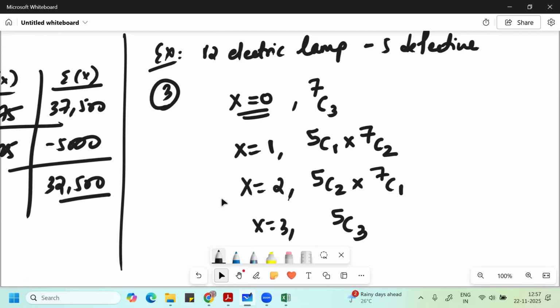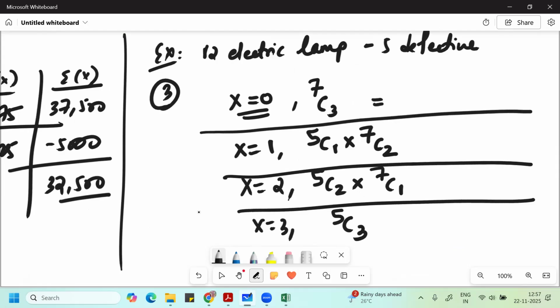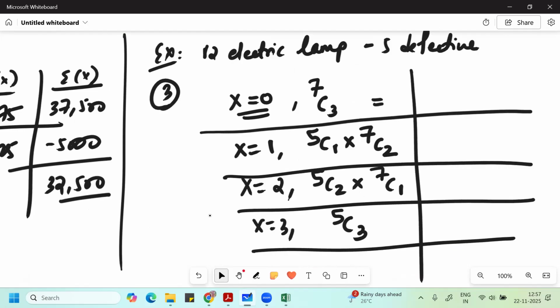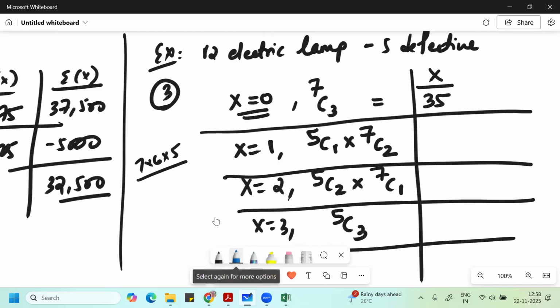So for no defectives, 7C3 means 7 into 6 into 5 divided by 6, which is 35. Then 5C1 is 5 and 7C2 is 7 into 6 by 2, which is 21. 21 fives is 105.